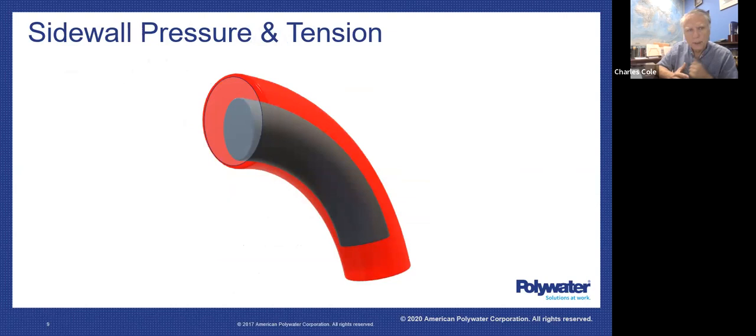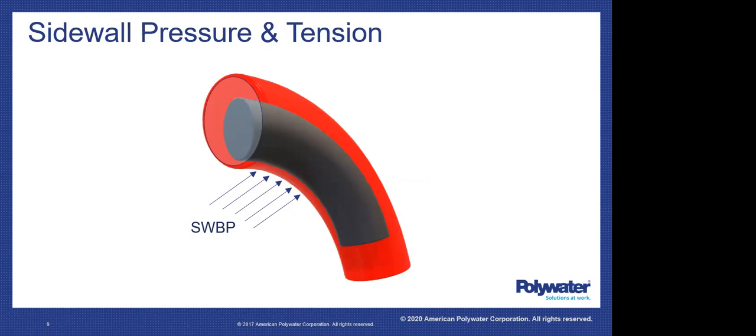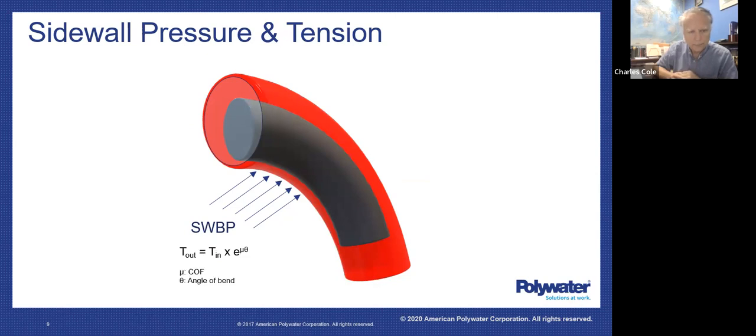Sidewall pressure, if you can click please, is the force that's exerted on the cable as it's bent around a bend inside the duct. Okay, that sidewall pressure and tension that is generated on the cable in a bend is generated in an exponential fashion. So can you click again, please?